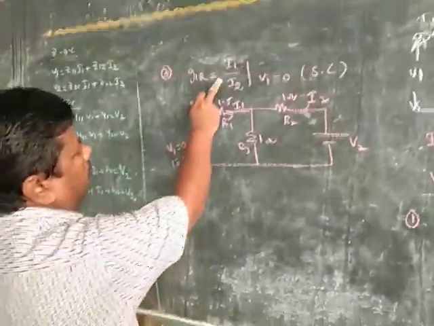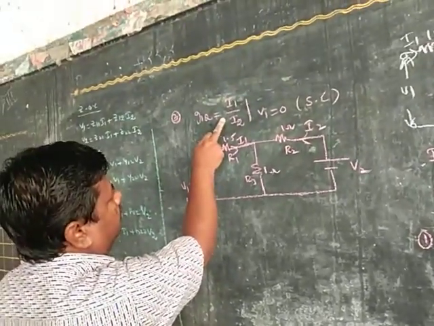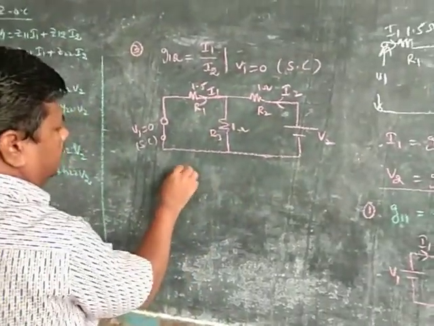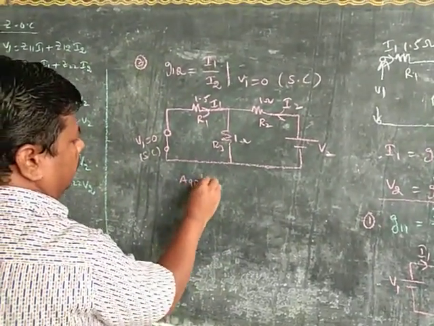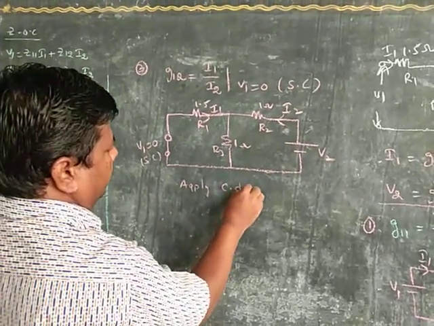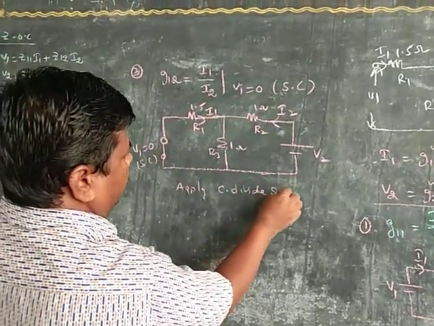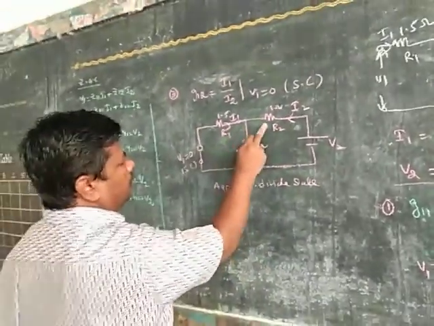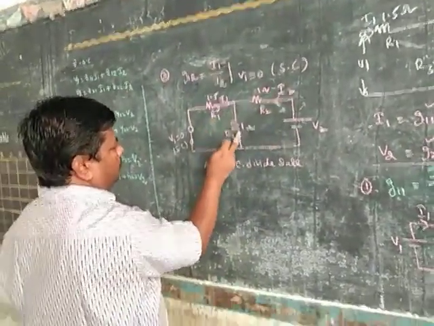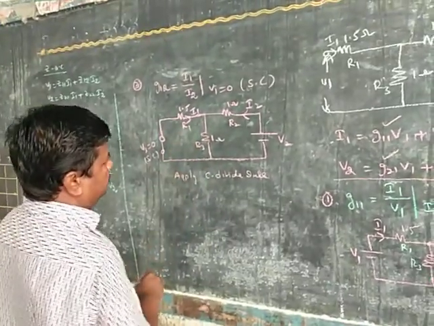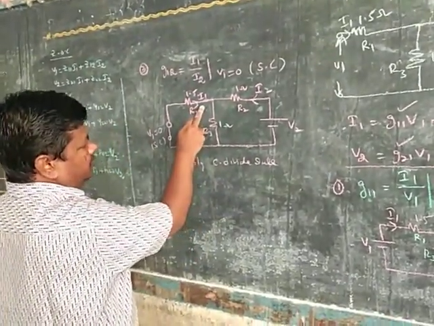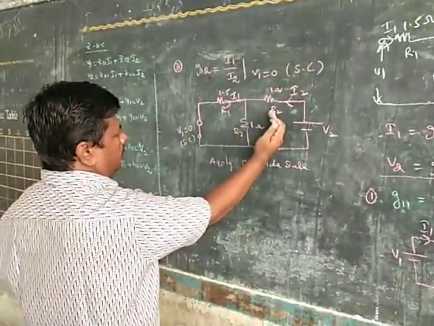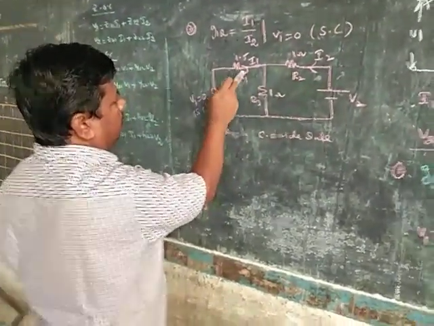But to find I1 current in terms of I2, apply the current divide rule. What is I1 current? Total current I2 into opposite resistor by total resistor. Now observe here, there is only one source. Current direction is right to left, whereas I1 is opposite.